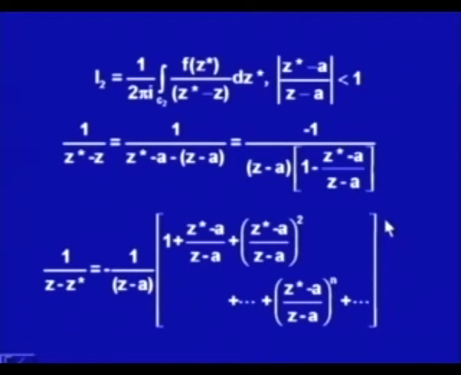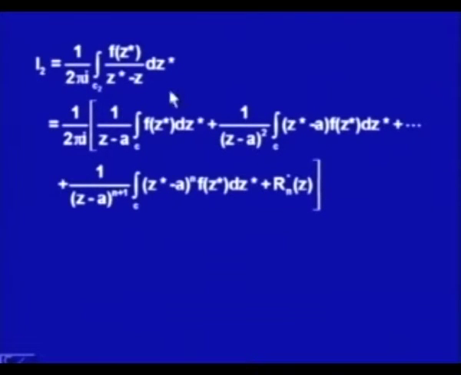So, once we have done this, we can again proceed in a similar manner, that is, I multiply that expression by 1/(2πi) and f(z*) and then integrate over the curve C2.